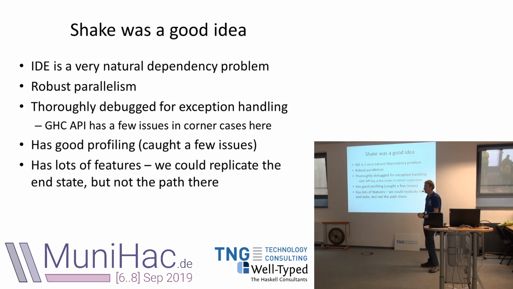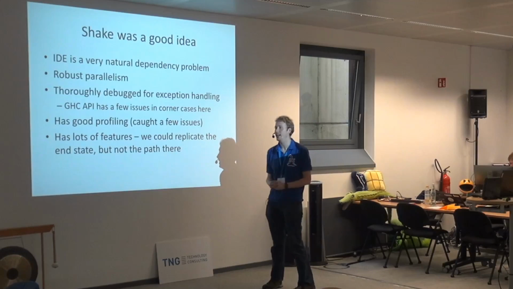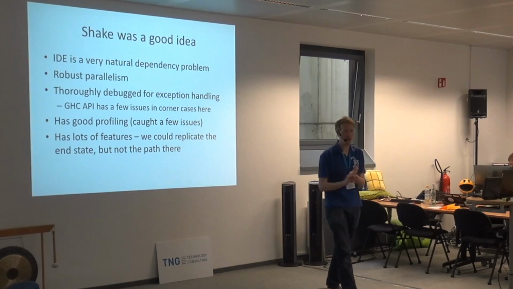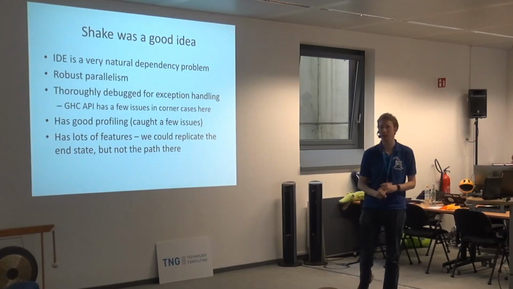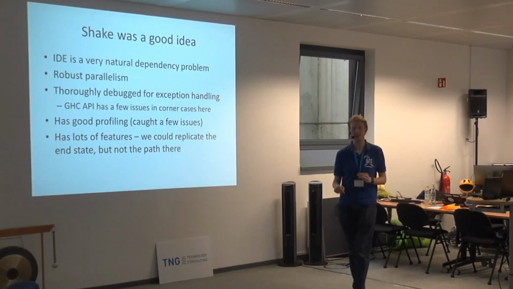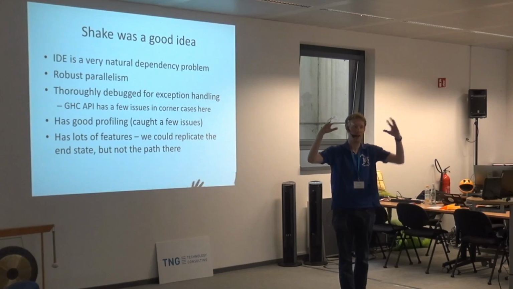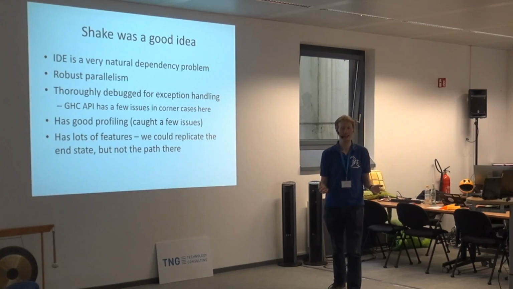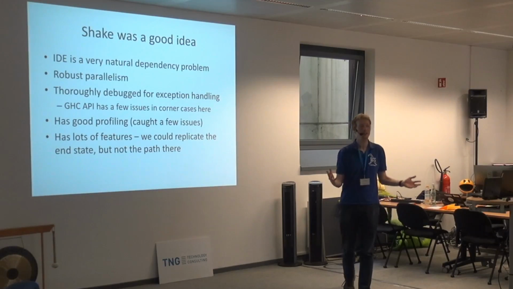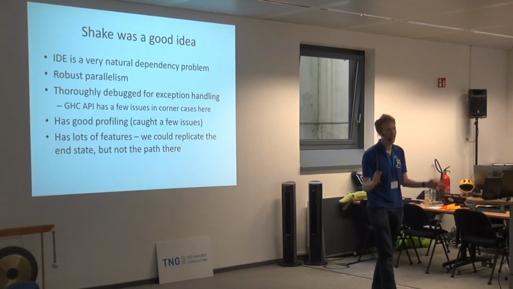Was Shake a good idea? I think yes. It turns out that an IDE is a very natural dependency problem, and what Shake really gave us was very well debugged parallelism and very well debugged exception handling. If every time you press a keystroke you send an asynchronous exception to your running graph in any arbitrary state, then if there are any bugs with asynchronous exception handling anywhere in the code, it will die in seconds.